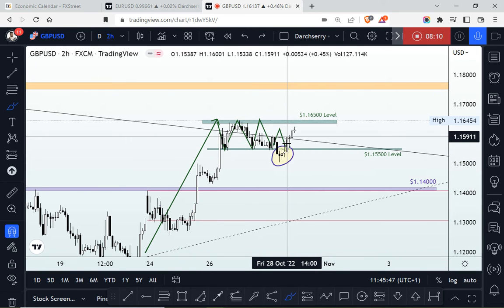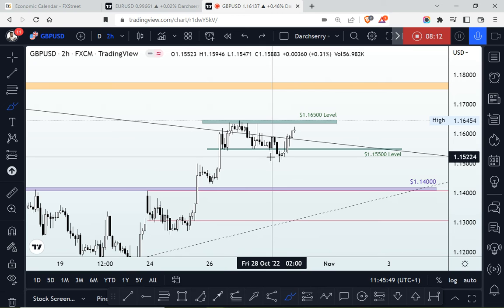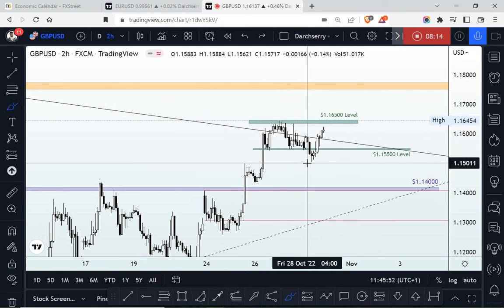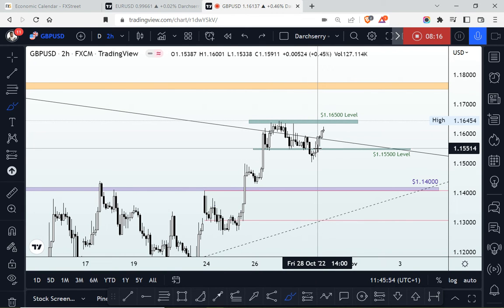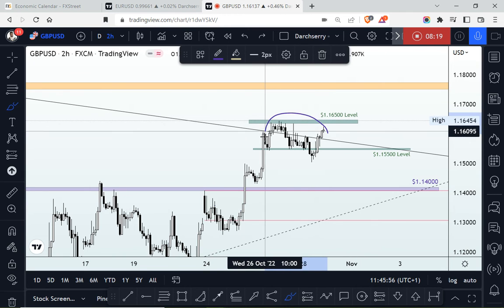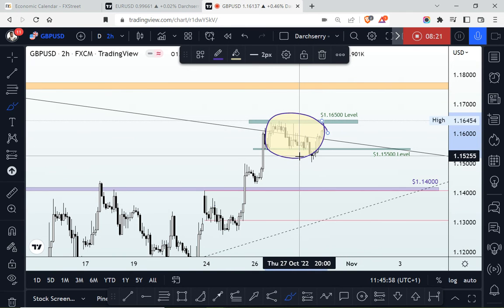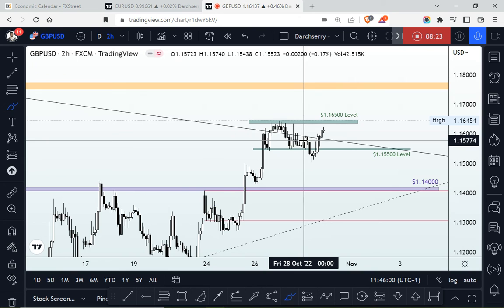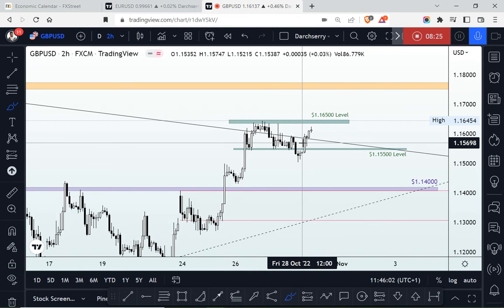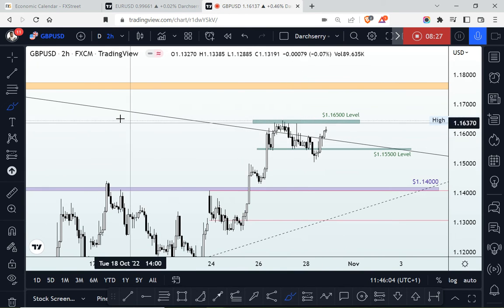So now going into the new week, what do we want to be looking forward to? Well, what I'll be saying here is that we want to be patient on the GBPUSD. We want to see how participants in this market are going to be relating to this structure, which also shares a confluence with that bearish trend line we identified on the daily time frame.